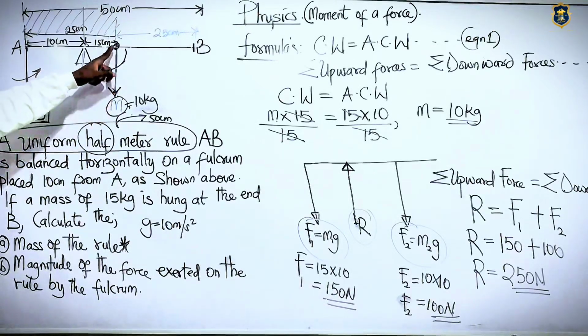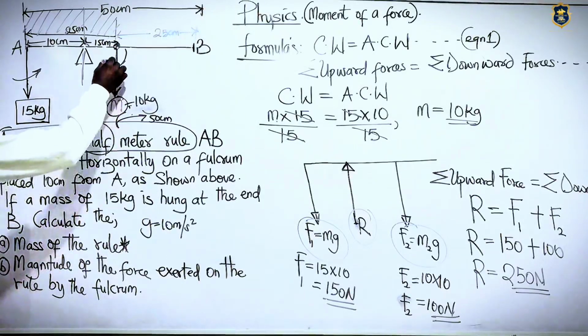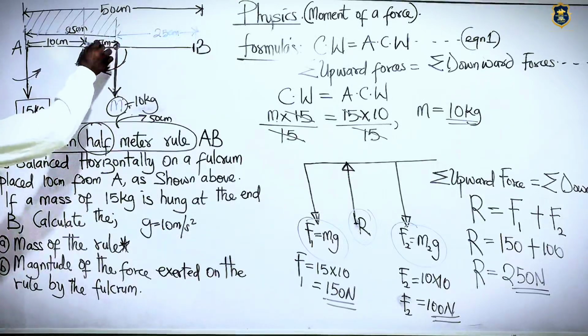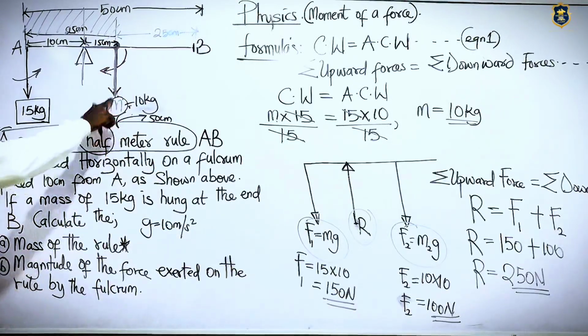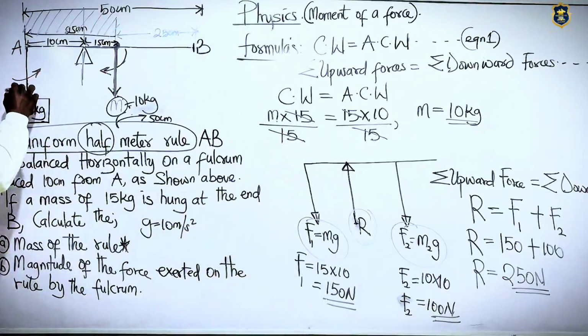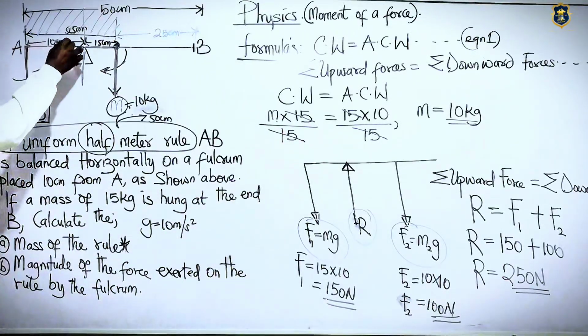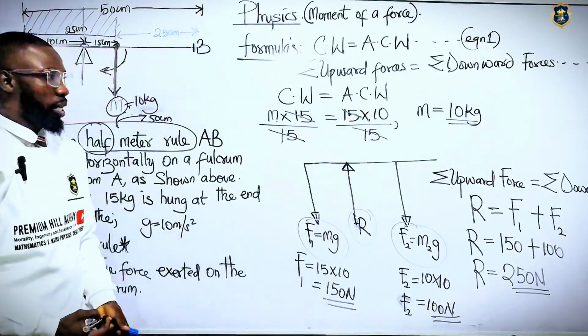The clockwise moment is the force times the distance, so m times 15 is equal to 15 times 10, the mass here times the distance here. Then I divided both sides to get the mass.